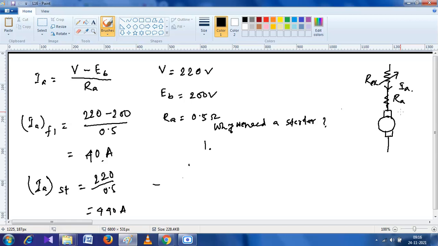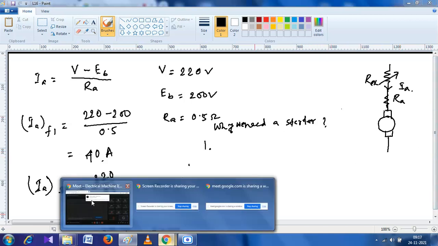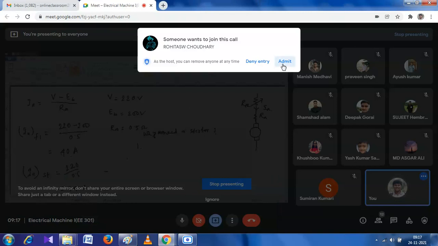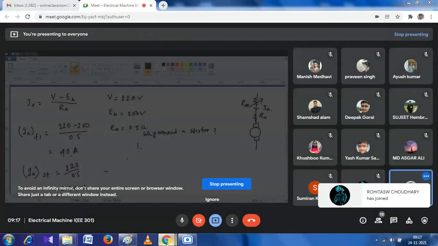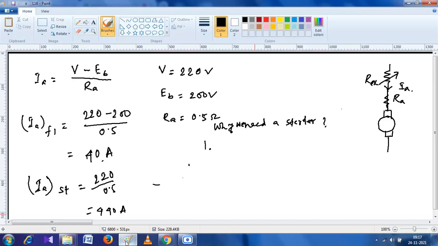At the time of starting there is a high current flow through the armature, so we have to control or limit the initial high current. We need a starter for that purpose.